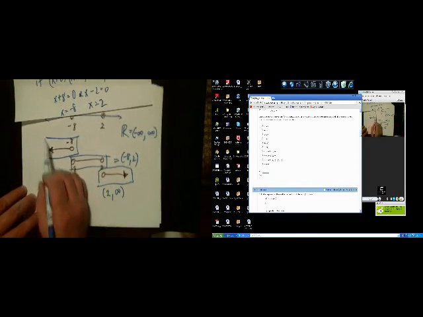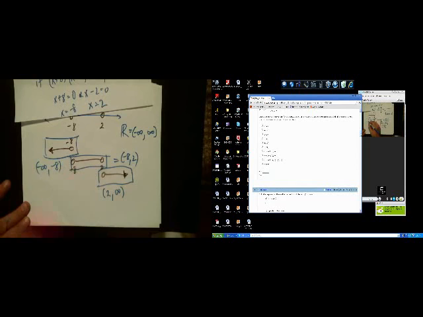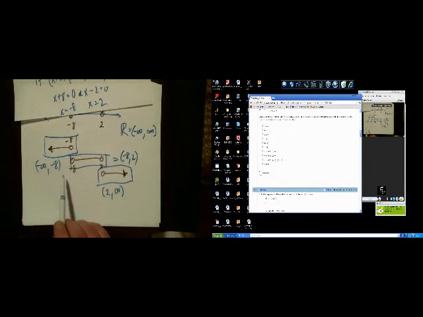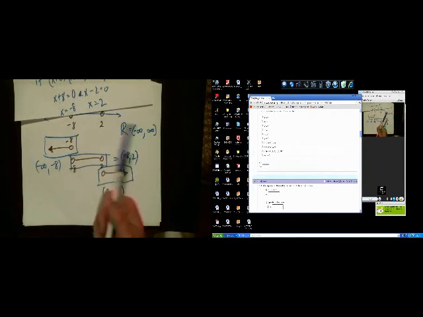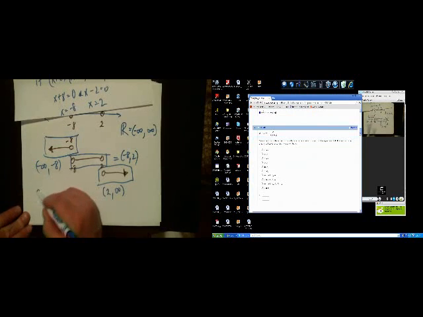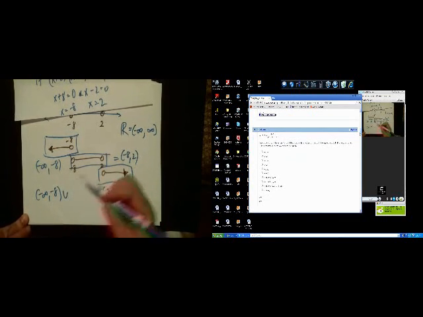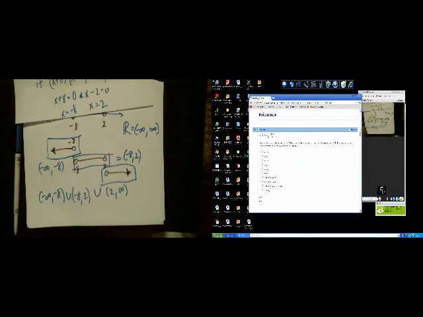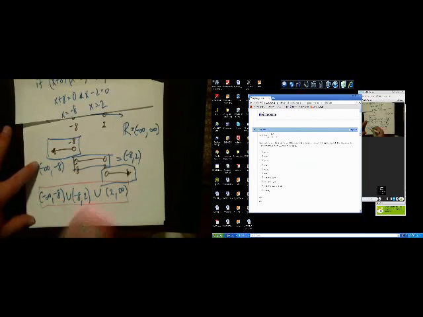And this part over here would be negative infinity, comma negative 8. Now put it all together. U means union, so I'm taking negative infinity, comma negative 8, putting it together with negative 8, comma 2, and then finally with 2, comma infinity.